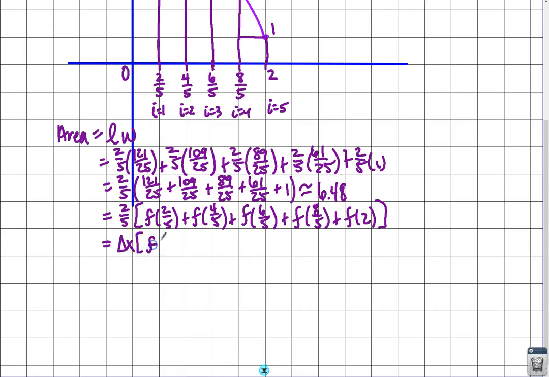So this is f of my first x value, so x1, f of x2, f of x3, f of x4, f of x5. Does anyone remember what it's called when we add a certain number of terms together that follow a specific pattern? Anyone? Anyone? This is what we would call a summation.